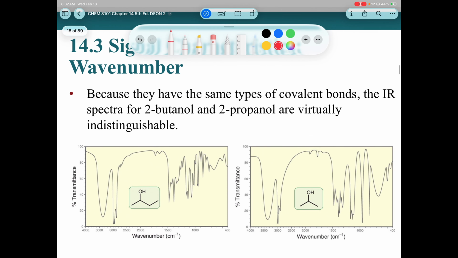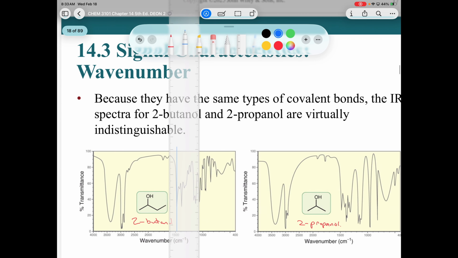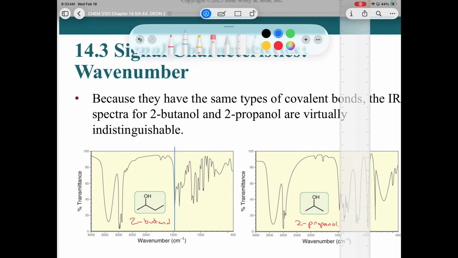So let me give you an example. Check out the infrared spectra of these two compounds. This compound here is called 2-butanol, and this compound here is called 2-propanol. You might know 2-propanol is just rubbing alcohol that you could buy at the drugstore. Now, if I take my ruler and draw a line on these at 1500, you'll notice that to the left of that ruler, they're pretty similar, don't you think?